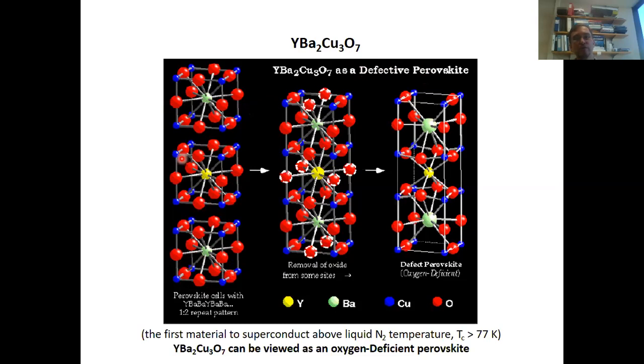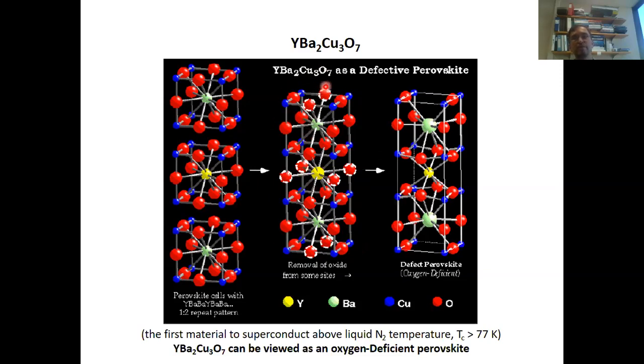Now 2 of them have barium in the center, and 1 of them has yttrium in the center. So you see here the fused cell, but now from the fused cell, some oxygen atoms are removed.